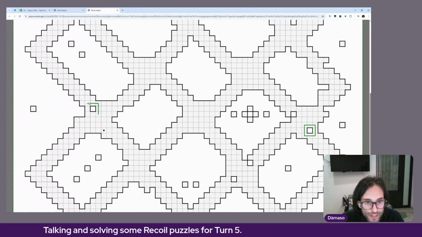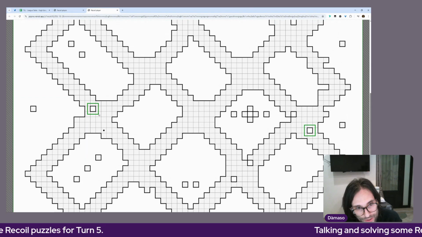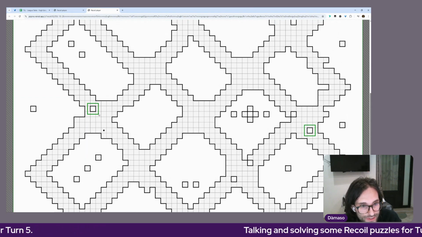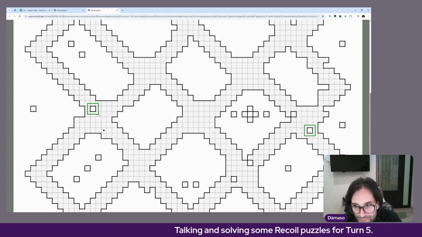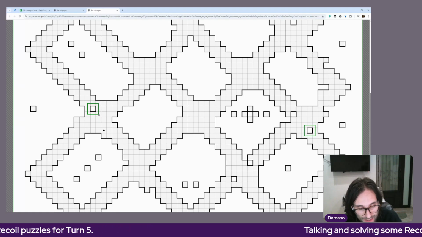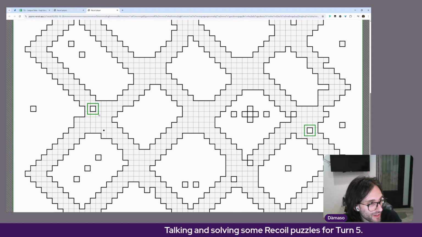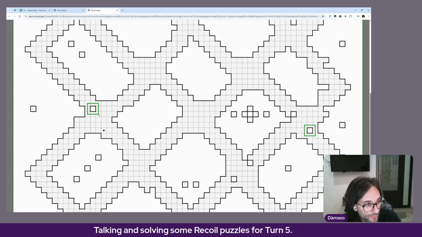Now, opposite, we have another square. For reasons that I think you can easily understand, things will be very similar here. It's a bit harder to disprove, but they are very similar. Okay?